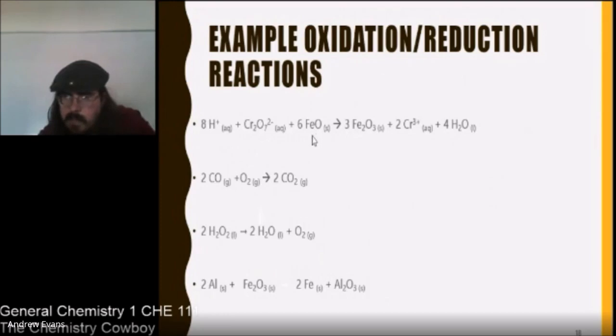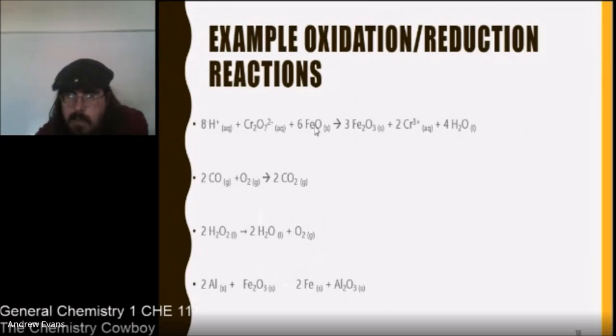So what would be the easiest way to notice that is oxidation? Dichromate is going to be a pain to determine the charge. If you do determine the charge, you find chromium to be 6+.